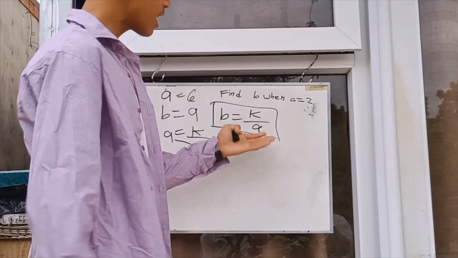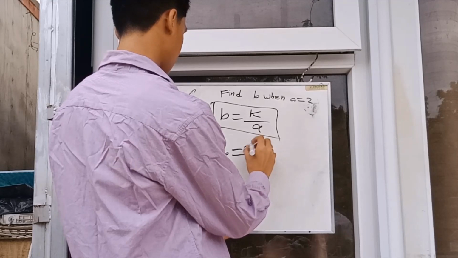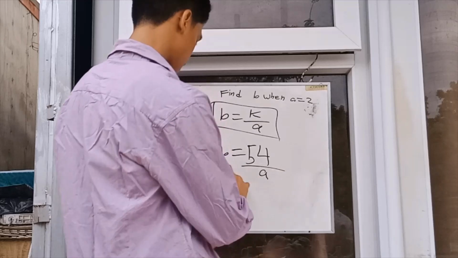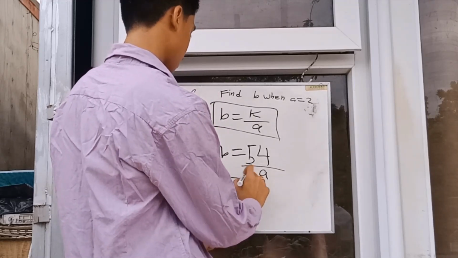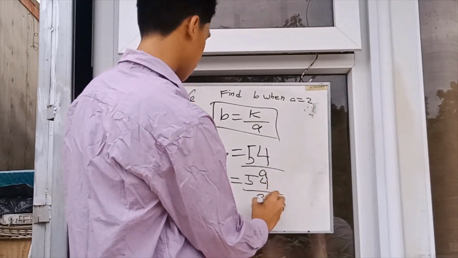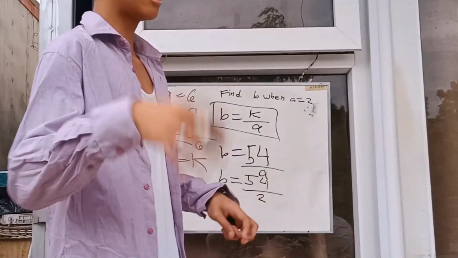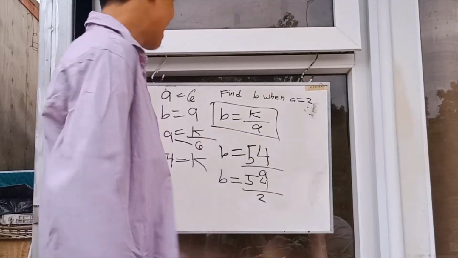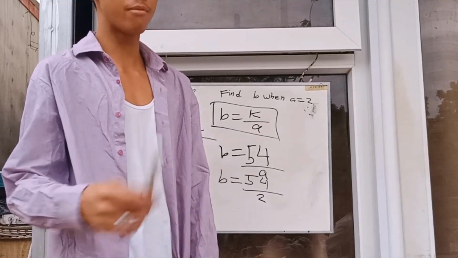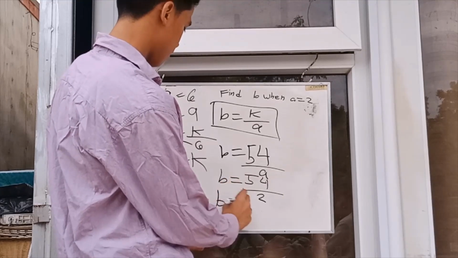Then, use this equation again. Substitute. So, 54 over 2 is just 54 divided by 2. So, 54 divided by 2 is 27.